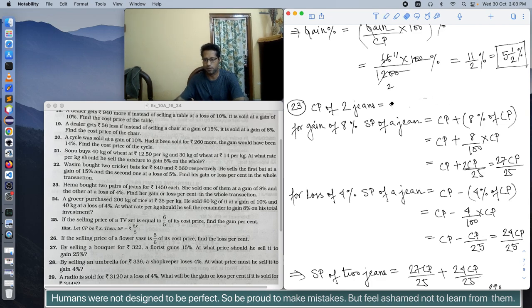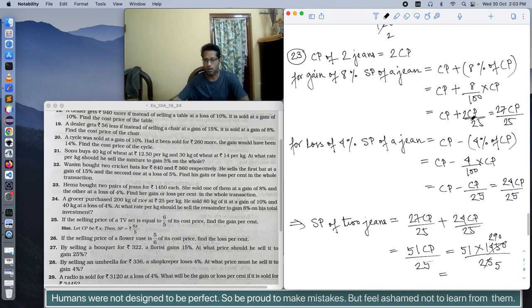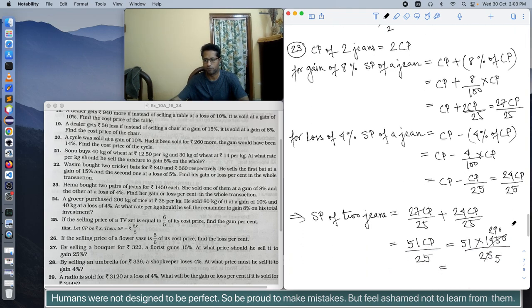So let the CP of two jeans be equal to 2 CP, where CP is the cost price of a single jeans. This will be more convenient to solve the problem.